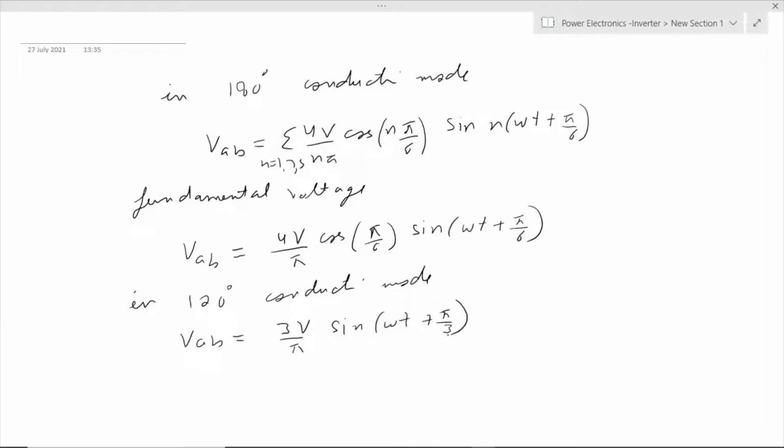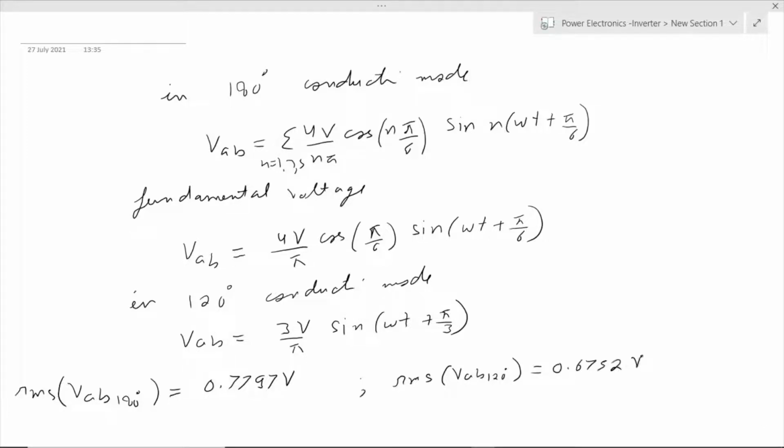If you compare the RMS value of both, the RMS value of VAB in 180 degree will be 0.7797 times the DC voltage source, and the RMS value of VAB in 120-degree mode will come out to be 0.6752 times V, the DC voltage source value.